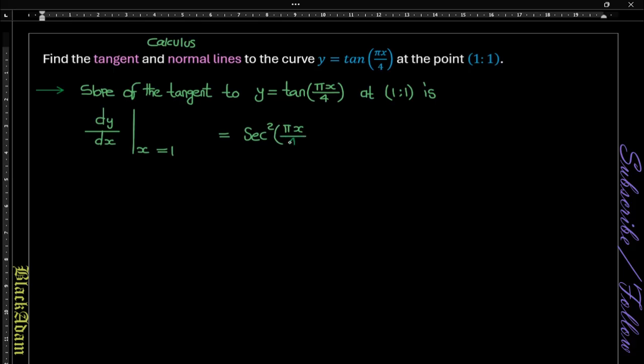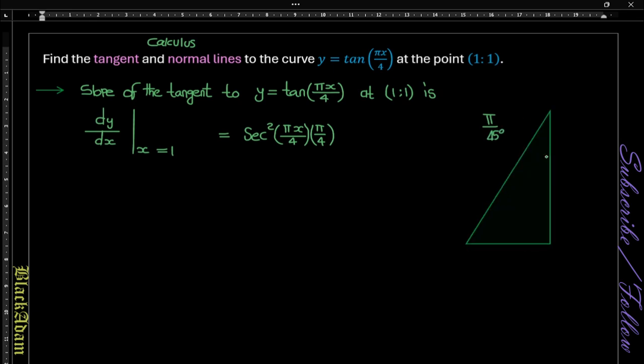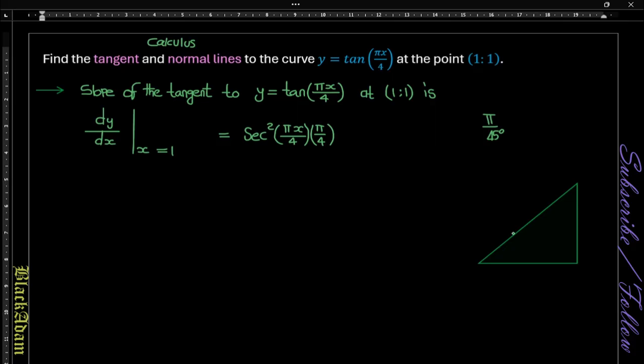That would translate to sec squared of (pi x over 4) multiplied by pi over 4. The derivative of x is 1, and pi over 4 is actually 45 degrees. I'll come to that later. We have 45 degrees there and 45 degrees on the other side, and a right angle there, with sides 1, 1, and root 2.